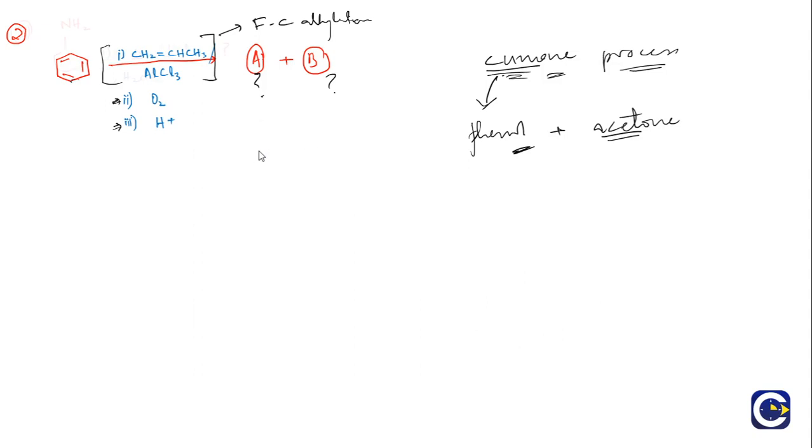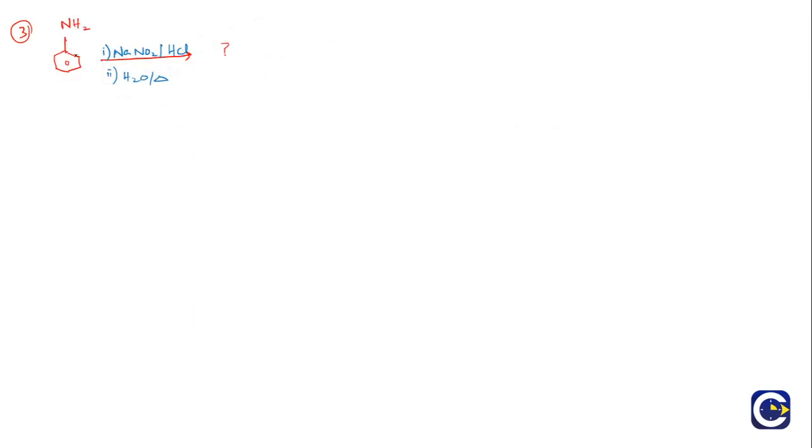Next we have this reaction. This is the primary aromatic amine. We react this primary aromatic amine with the reagent NaNO2 in the presence of HCl, which is called nitrous acid.